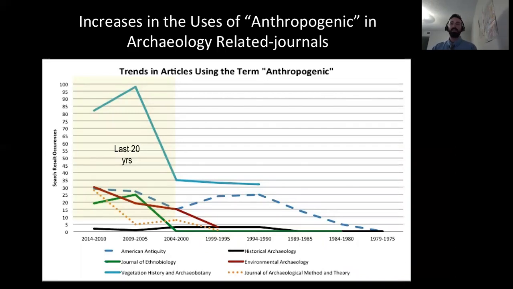And so one of the words to describe this unseen human hand in the environment is anthropogenic. It's been increasingly in use in the last 20 years. This term anthropogenic came from the environmental studies field.